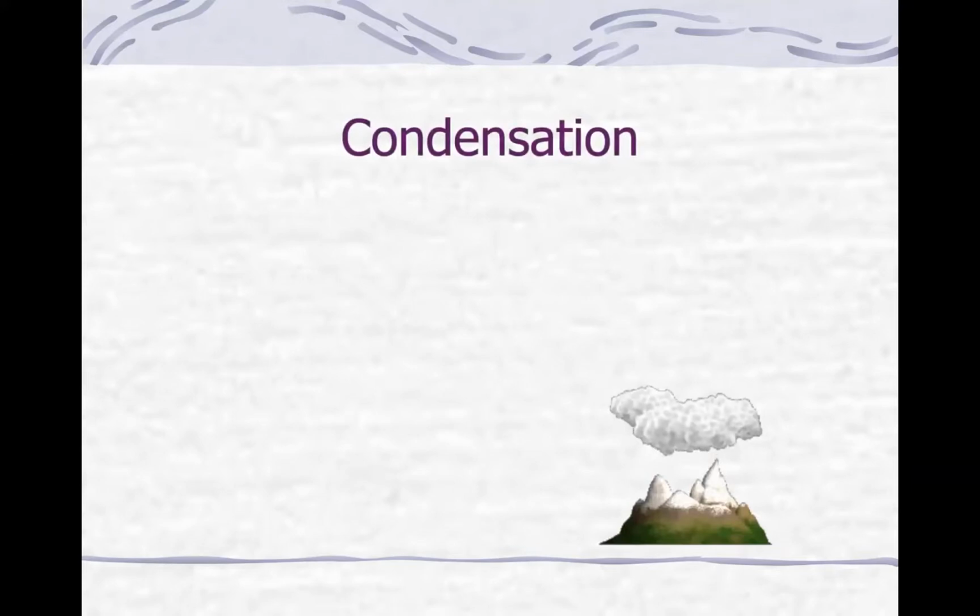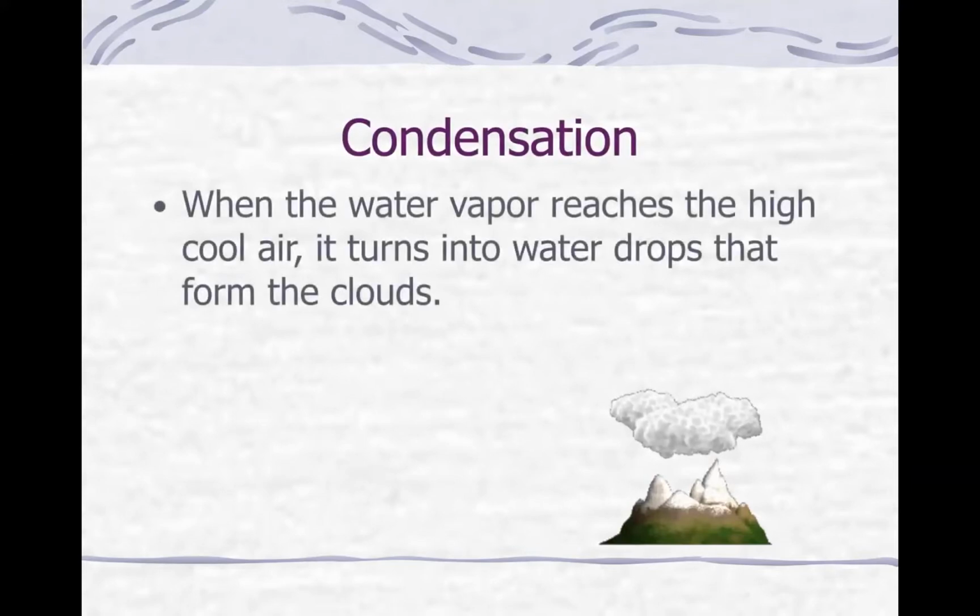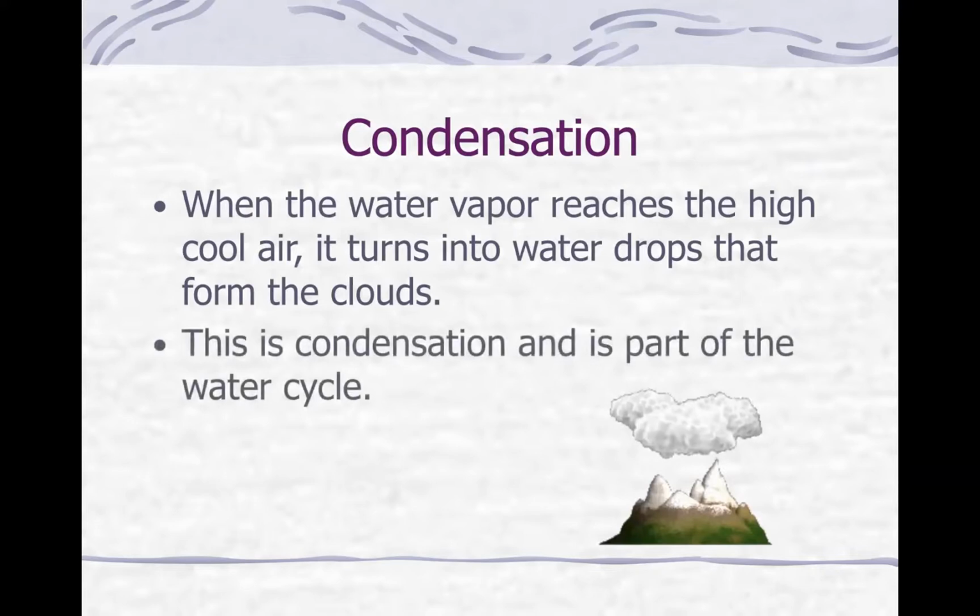You know, condensation actually happens in the atmosphere. When the water vapor reaches the high, cool air, it turns into water droplets that form clouds. So right there, that tells us what clouds are made out of. They are made out of water.